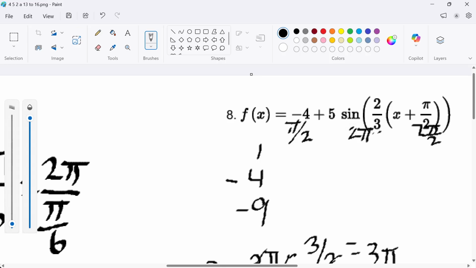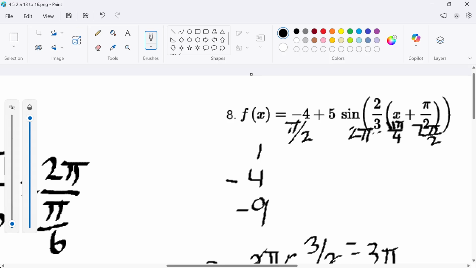I'm just double checking, make sure. 7 pi over 2 plus pi over 2 is 8 pi over 2. Divided by 2 is 8 pi over 4, which is 2 pi. And then halfway between 7 pi over 2 and 2 pi is 11 pi over 4.